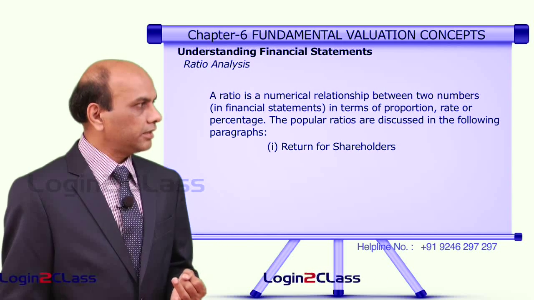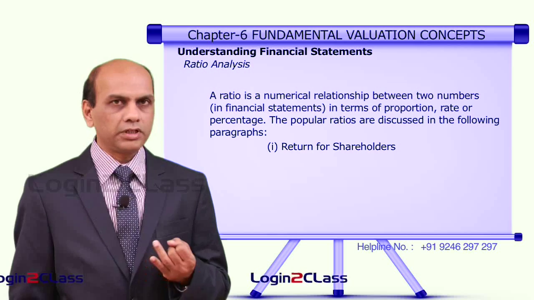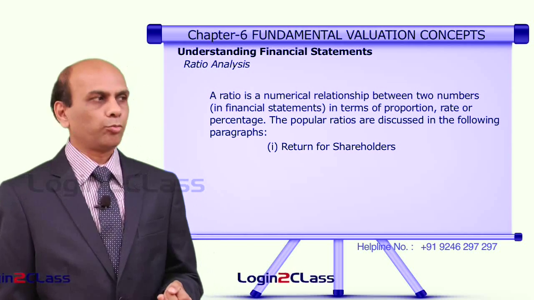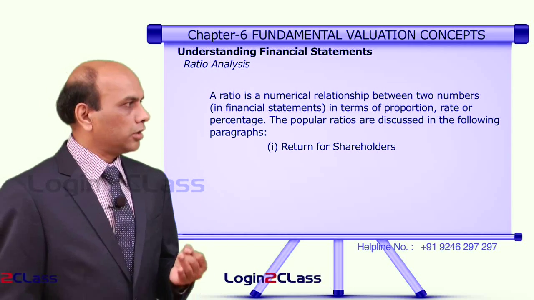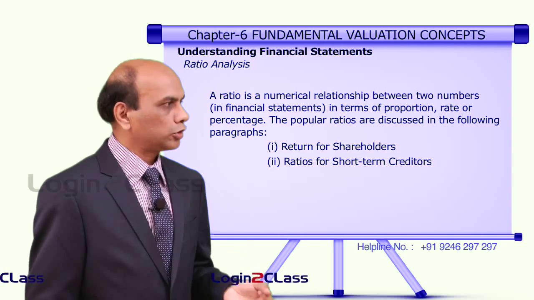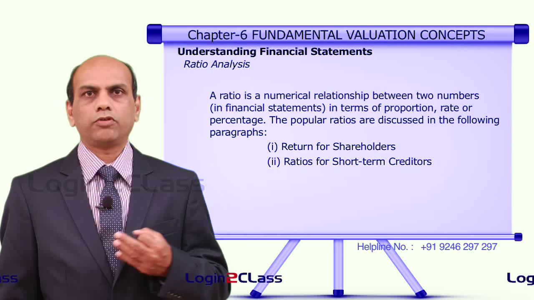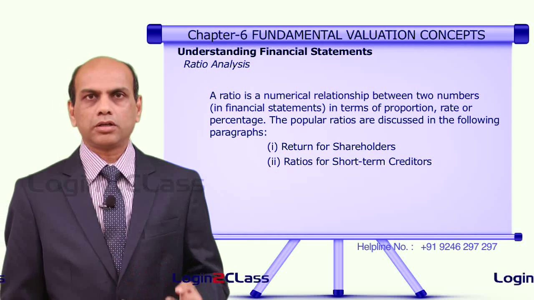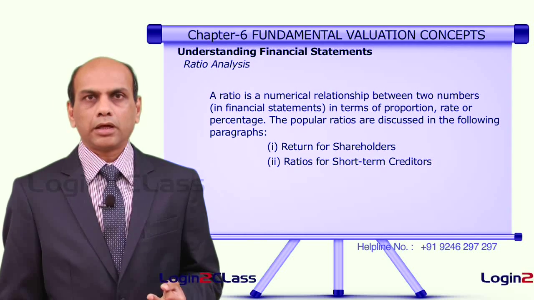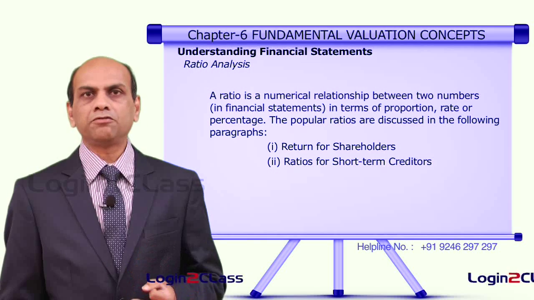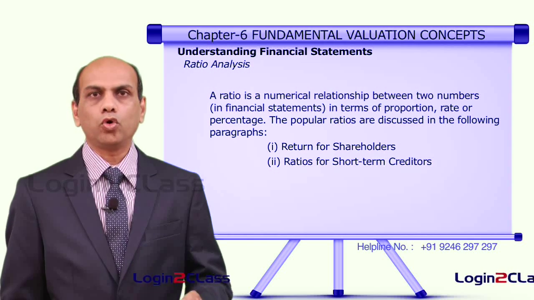The second category of ratios, which we can analyze using the balance sheet and profit and loss account, are ratios for short term creditors. Those who are providing loans or credit to companies can see the ability of this particular company to repay their loan back.